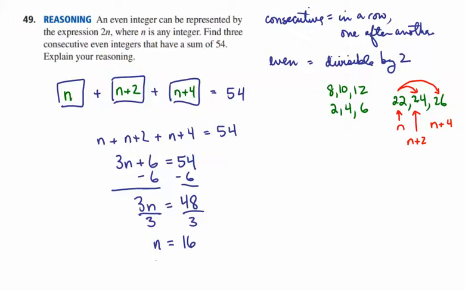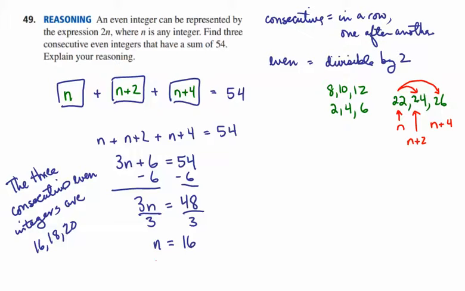So, what is that? That's not the final answer. Remember that n is equal to 16, so the three numbers that we're looking for are, or we can say that the three consecutive even integers are 16, 18, and 20, and you should see that if you add those together, you do indeed get 54.